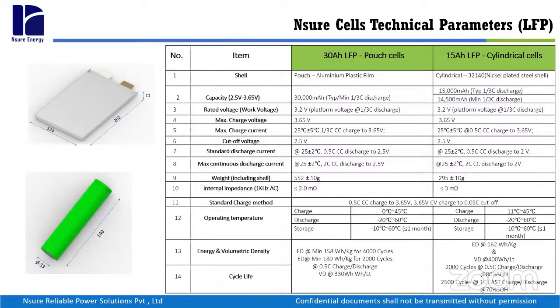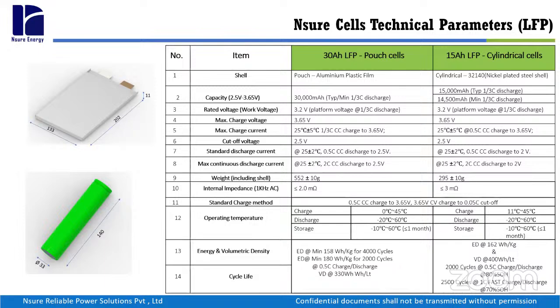Another one we are going for is the 15Ah LFP large cylindrical cell, which is 15Ah, 3.2 volt. What we understood is that this is a perfect crossover model, and 15Ah perfectly fits the electric two-wheeler. Some models I will not say, because in this industry, one model, one format doesn't fit all. But we have to see which can serve the larger segment of applications.